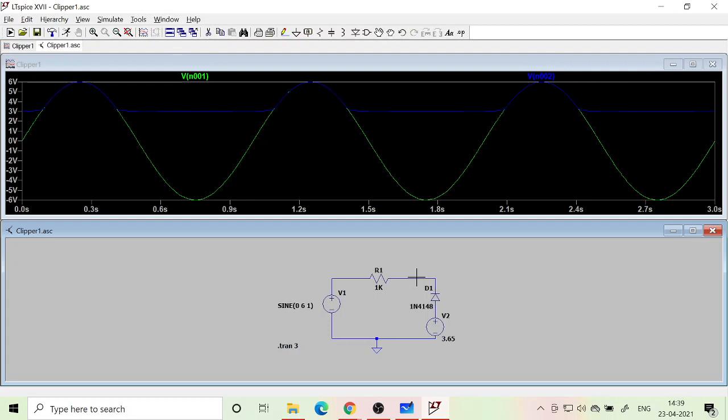So this is the idea. You only need to check one thing: when does the diode get forward biased, and the voltage from that point onward where it gets forward biased, that voltage you need to find out.